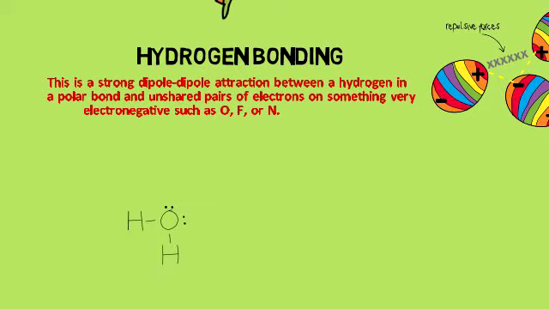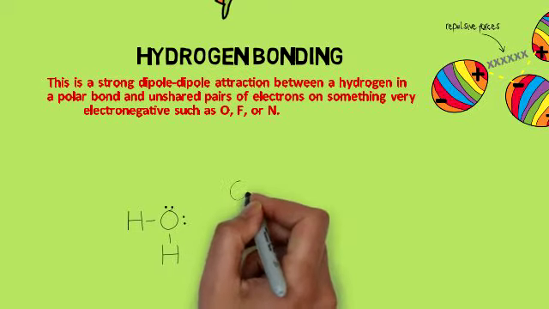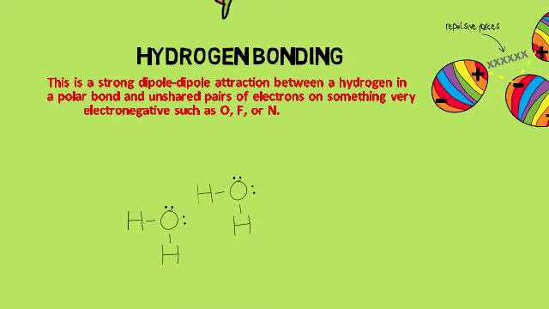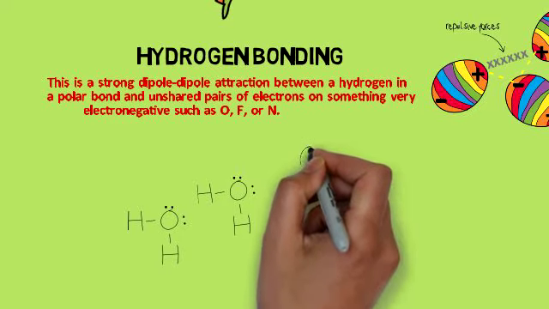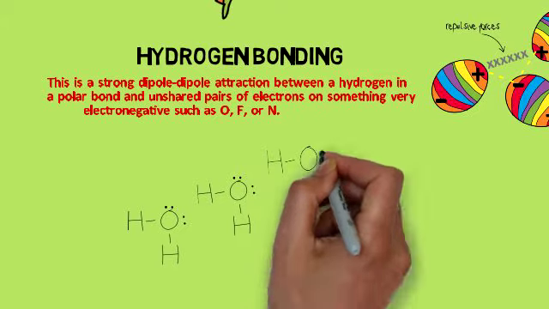We usually use water as the example because it has two clouds, each with an unshared pair of electrons that are extra. That will attract the hydrogen on the next water molecule, and so on and so forth.